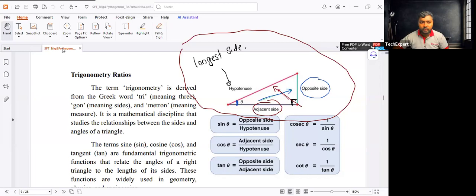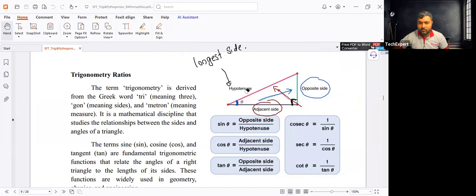Otherwise, without the right foundation, you won't be able to go further. First of all, draw this triangle.